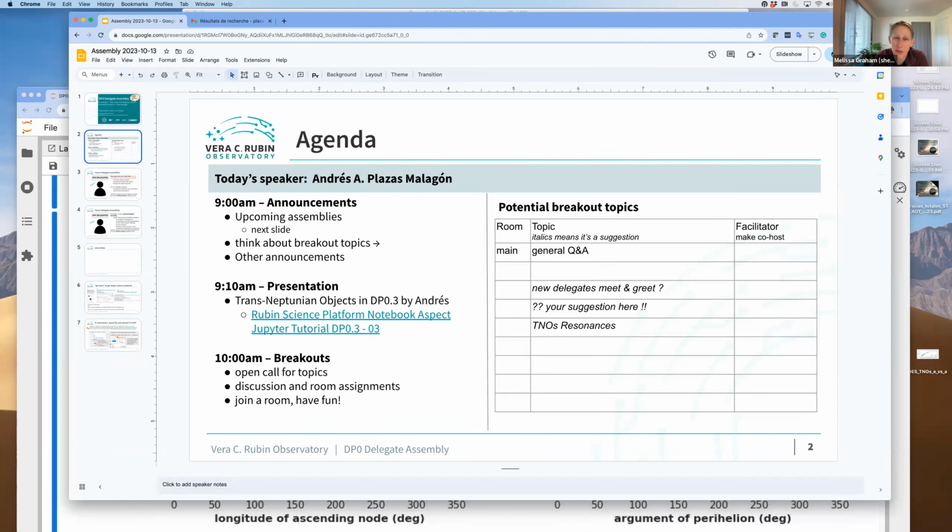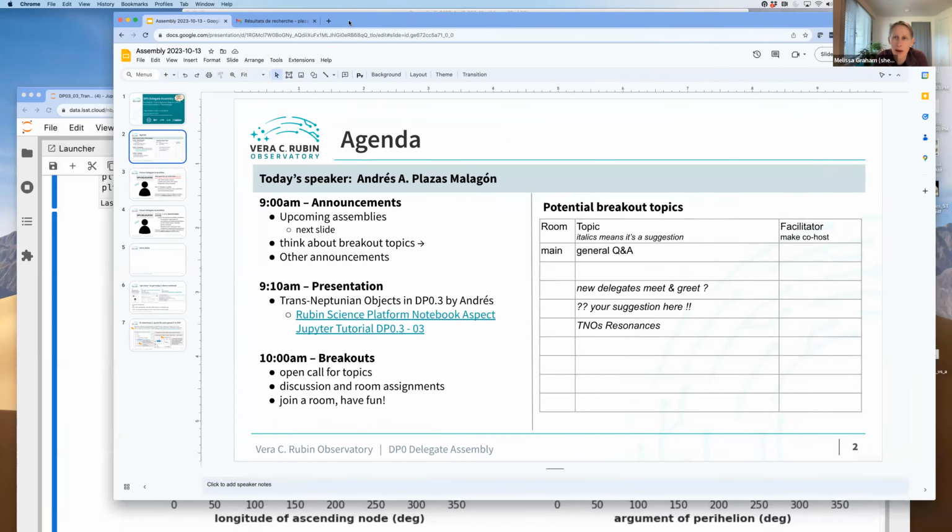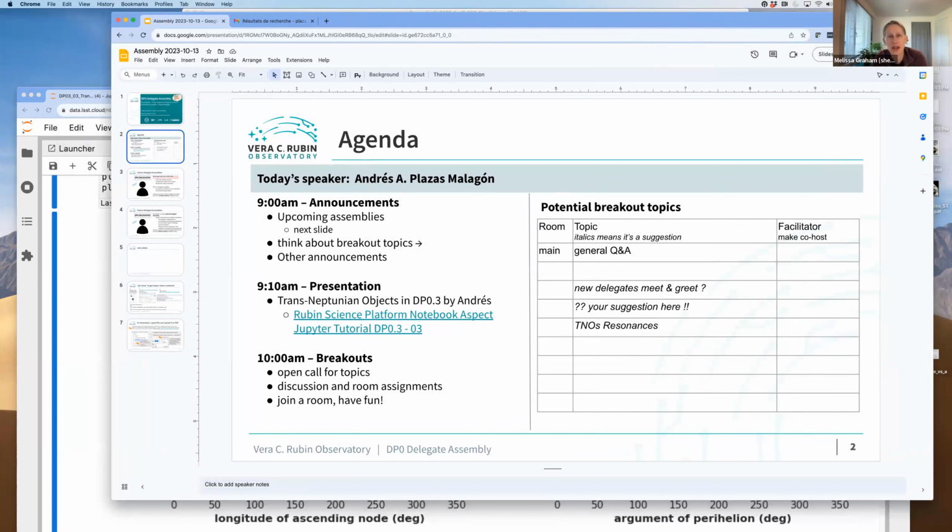In particular, if you want to make a breakout room and work on those exercises for the learner, we can do that, and Andres can go in and help you work through those. If you've been working on something else related to DP0 and you'd like to talk to Rubin's staff about it for a bit, we'll make you a breakout room.